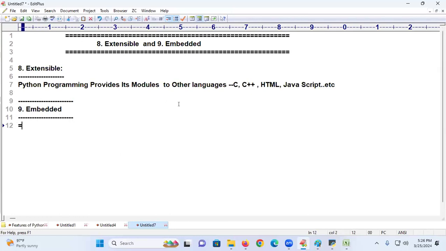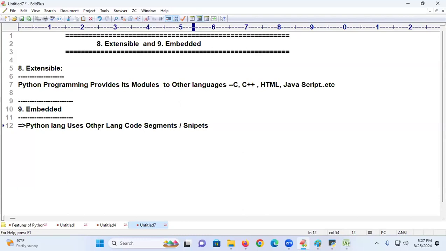And Python language, what is embedded actually? A language is said to be embedded if that language uses other language codes inside of which language? Python. That is known as what? Embedded. So Python language uses other language code segments also, other language code snippets also. Snippet means what?